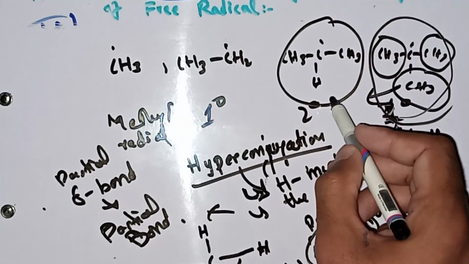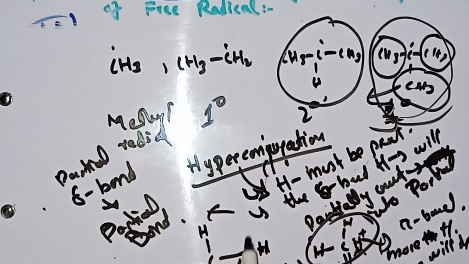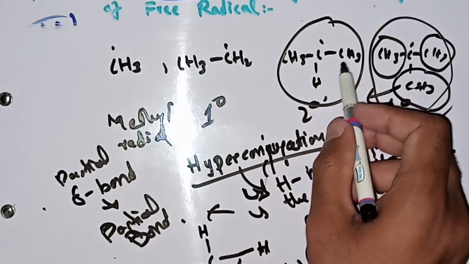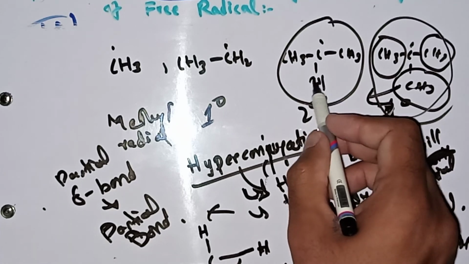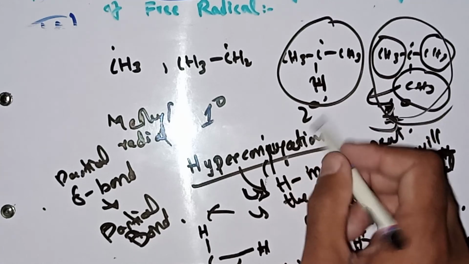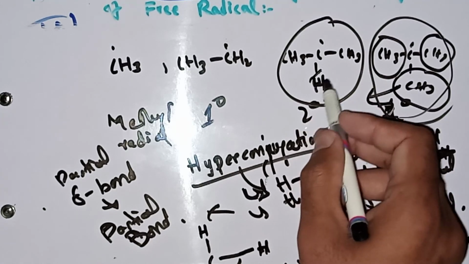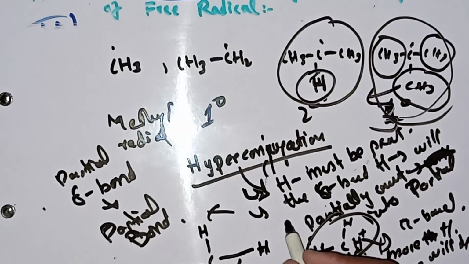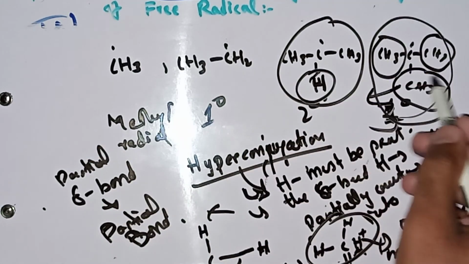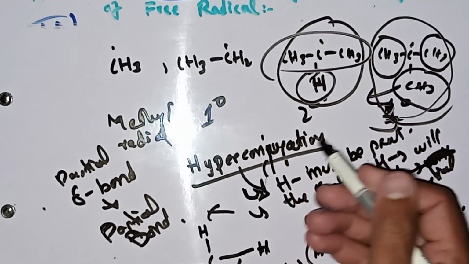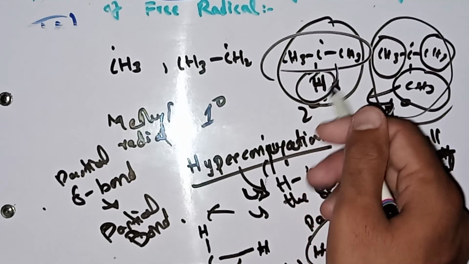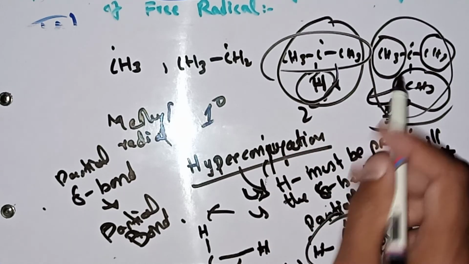But in the secondary free radical, there are only 7 hydrogens, which is very few. Only alpha hydrogens can take part in hyperconjugation. So here there are 6 alpha hydrogens, here 9 alpha hydrogens. 6 alpha hydrogens will show hyperconjugation and stability, but less than the tertiary free radical.